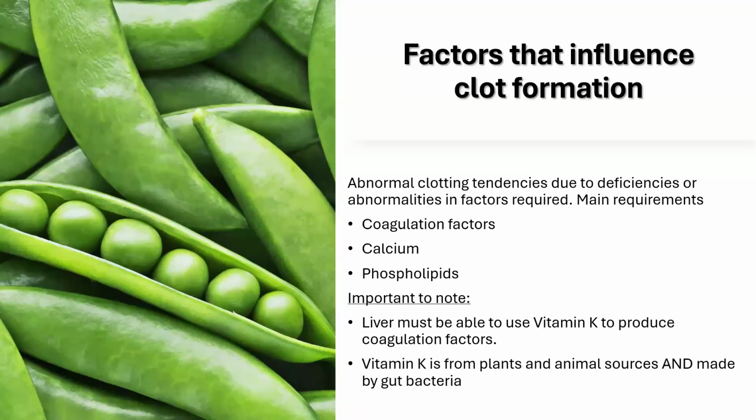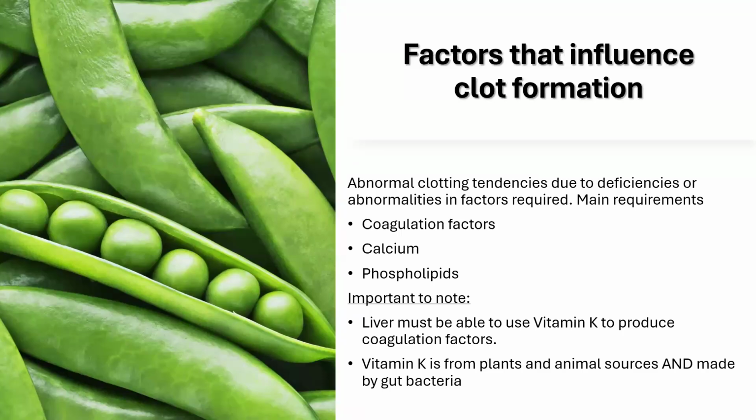Now, what happens is that the body needs coagulation factors, it needs calcium, it needs phospholipids, and if those are all there and yet the liver is not functioning very well, for example, because the liver must be able to use the vitamin K to produce the right coagulation factors in the right ratio and as well as to be able to break them down.